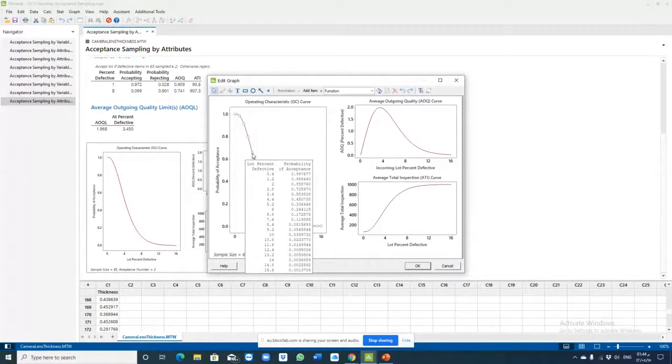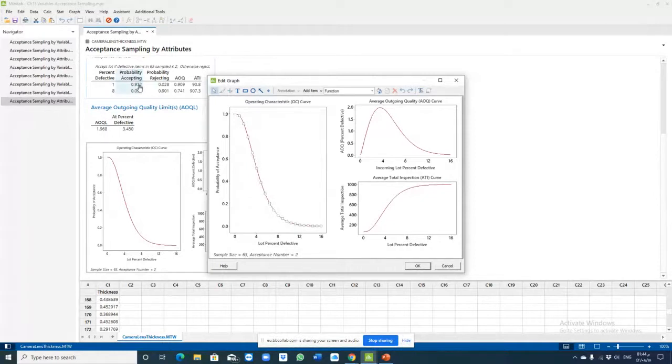To find it, you can do the interpolation. When you do the interpolation, you will have a probability of acceptance between 0.99 and 0.95. And that is the probability of accepting at the AQL, which is given here or found here.